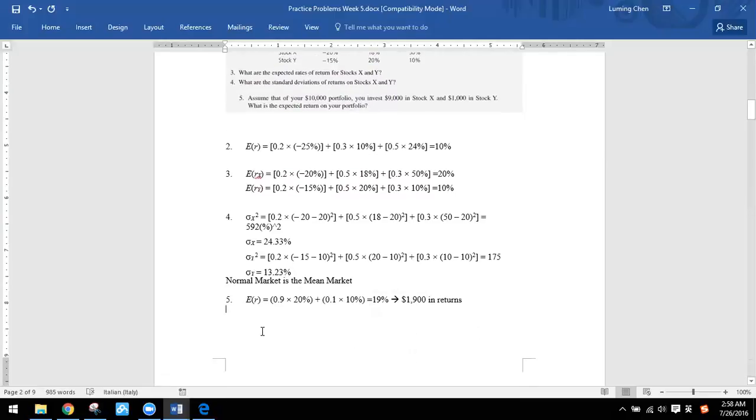So here, correlation or covariance between X and Y does not matter because diversification does not affect the expected return.